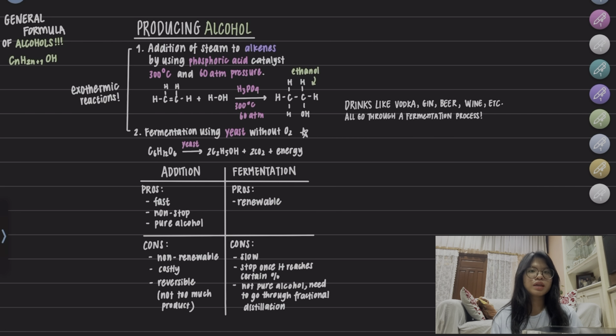The only difference is, for example, between beer and wine, that their sources of fermentation are different. Beer is usually through the fermentation of, I believe, wheat, while wine is from fruits like grapes. So that is why they're different drinks. It's just that they go through the same process of fermentation to get that alcohol. And I will also be explaining more about the types of alcohol in certain drinks that you can find in the alcoholic beverage industry.